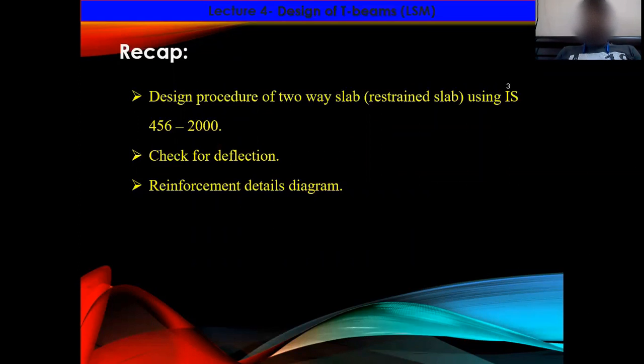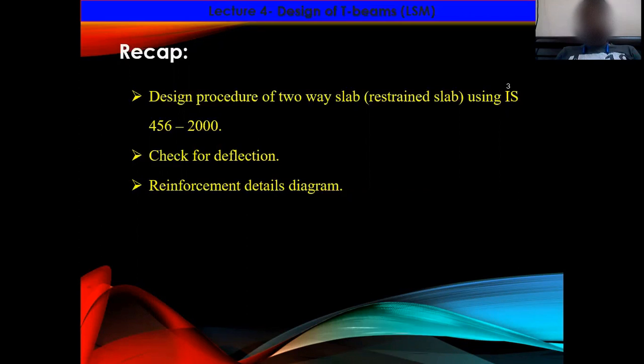And slabs are classified into two types, that is one-way slab and two-way slab. Based upon their longer span to shorter span ratio, it can be divided into two-way slab or one-way slab.